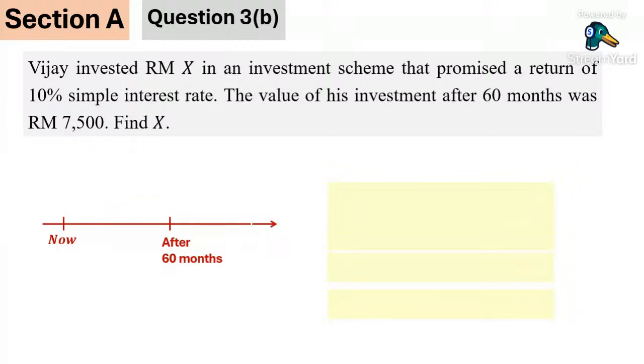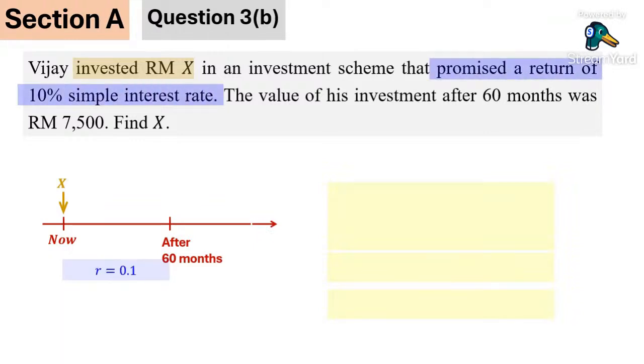Now we again interpret the question and slowly extract the information and understand the situation. Vijay invested RM X. So let's say the timeline starts now. He invested X, and this scheme promised a return of 10% simple interest rate. So from now until after 60 months, we have a simple interest rate of R equals 0.1, which is 10%.